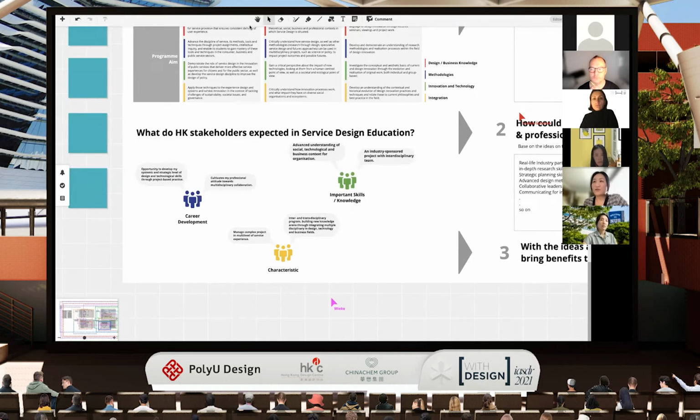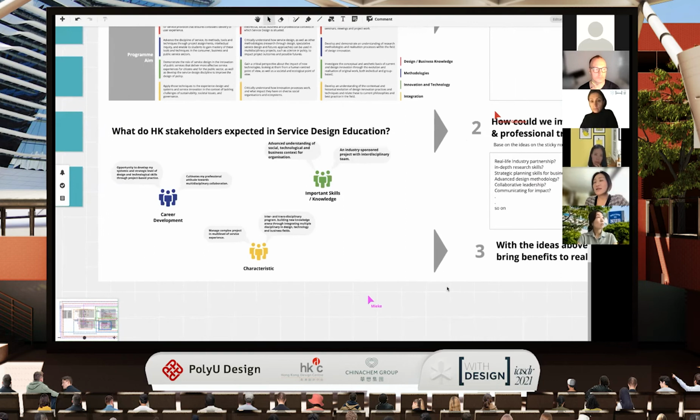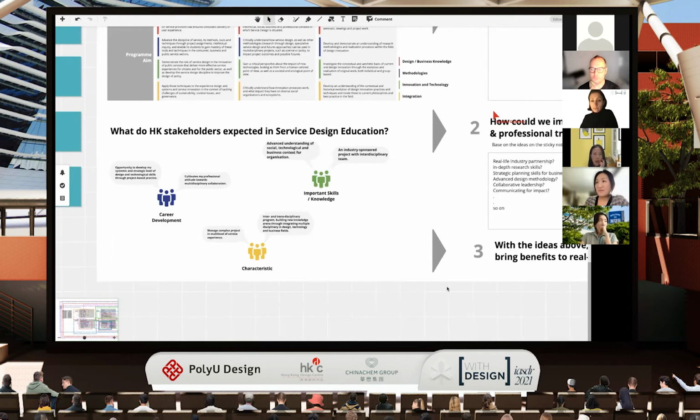They would also like to be equipped with a more advanced understanding of social issues, technical changes, and business understanding for organizations, and then the more strategic and operational level of design within organizations. They also highlight that it could be really useful if the courses have direct industry-sponsored design projects with multidisciplinary team settings.